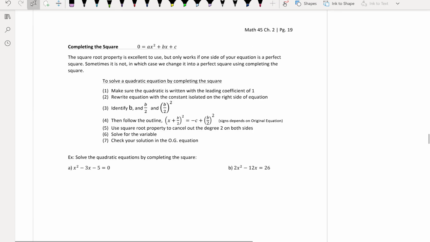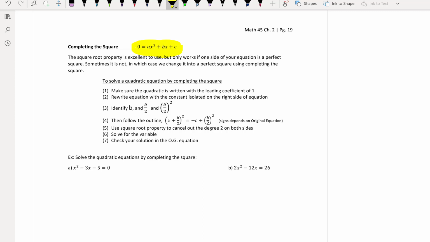Now, in the next section, we want to make sure we know how to complete the square. Completing the square sometimes helps if we do not have something that factors nicely. So what we do is put this into a formula. Let's assume that our original equation is in the form ax squared plus bx plus c. That is where we start.